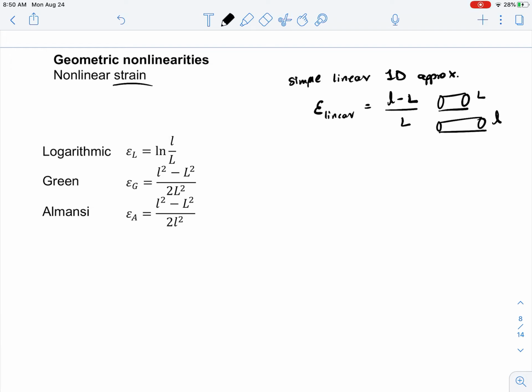So it's originally length L and ends up being of length lowercase l, then the linear strain would just be the difference between the initial length, right? So that would be one approximation of the strain.